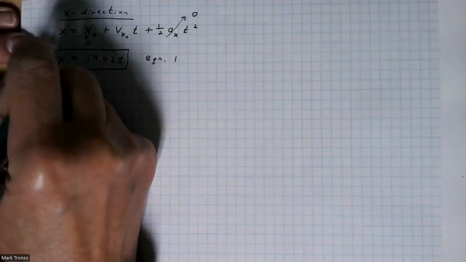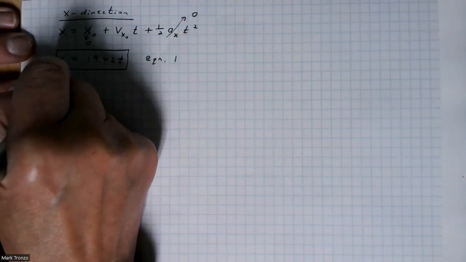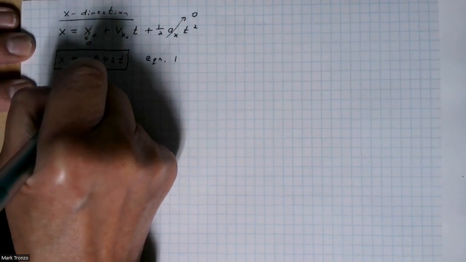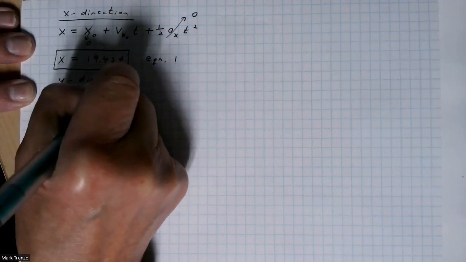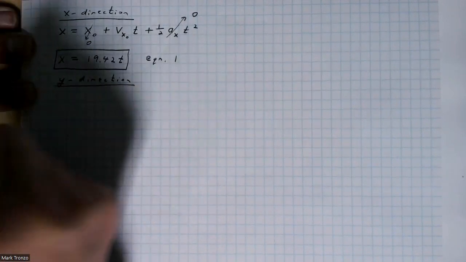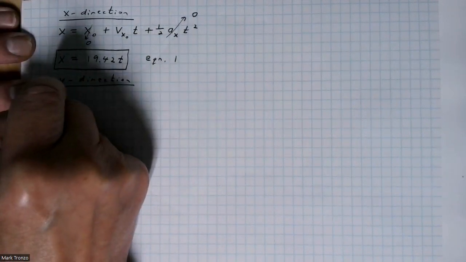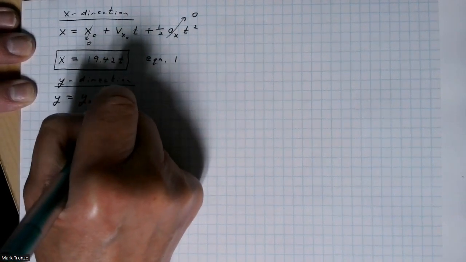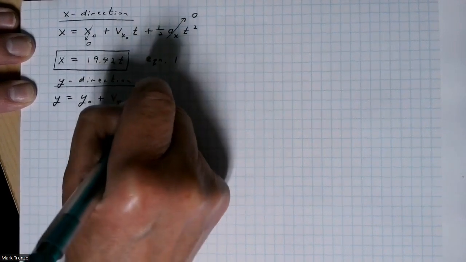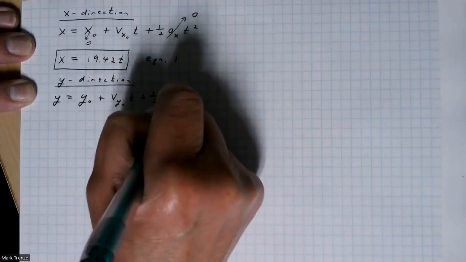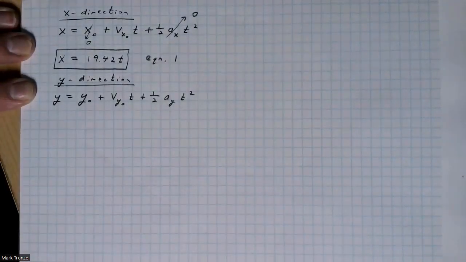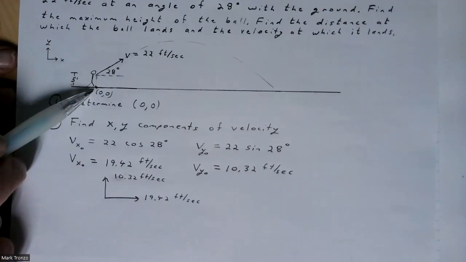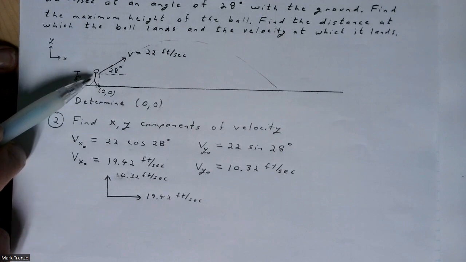And then for the y direction, y equals y naught plus vy naught t plus 1/2 ay t squared. Again, we use the same equation. Now, notice the ball is leaving 5 feet above the 0, 0 position, so the y naught is going to be 5 here.